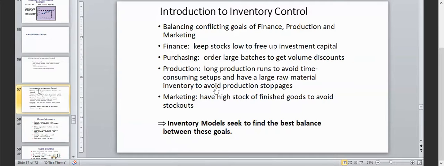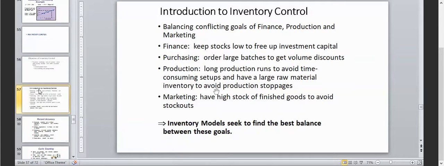Jadi bila kita setup pada mesin, we need to stop the machine. But the other processes are still running, so we need inventory to support the other processes that are not involved with the setup of the machine.